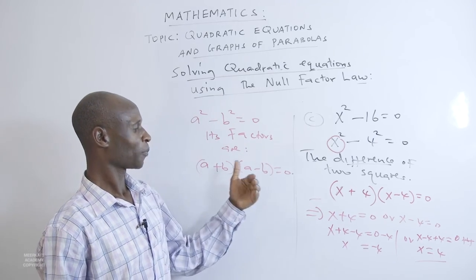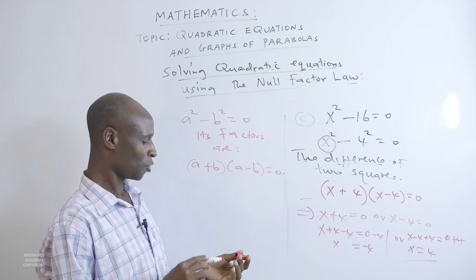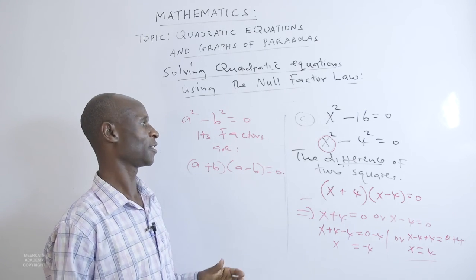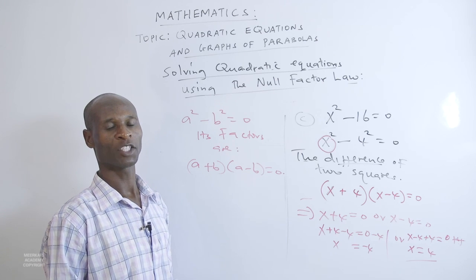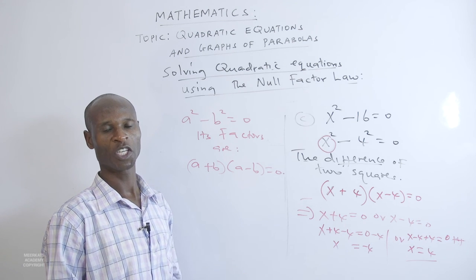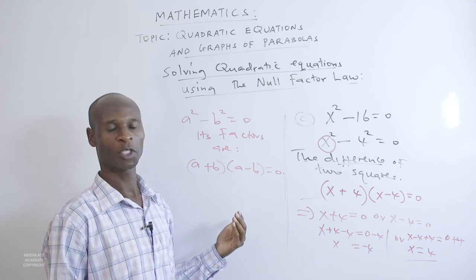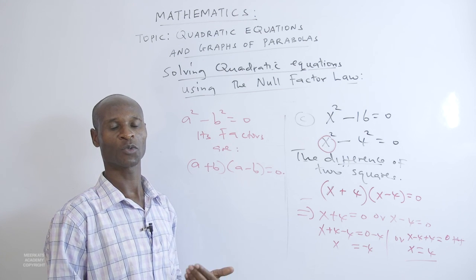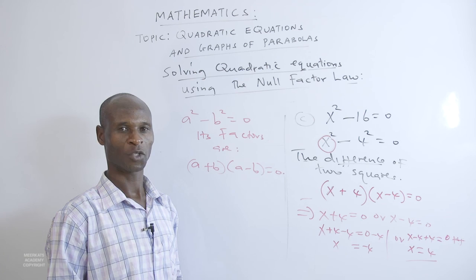So basically, we have looked at how to solve quadratic equations using the null factor law, and we have looked at all the cases where you have already been given the linear factors. That one you go direct by equating the first linear factor to 0 and equating the second linear factor to 0. We have also looked at a situation where we have 3 linear factors, and we have said you equate the first linear factor to 0, second linear factor to 0, and third linear factor to 0.